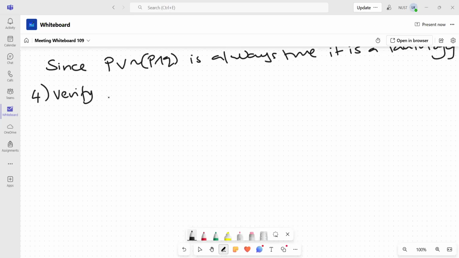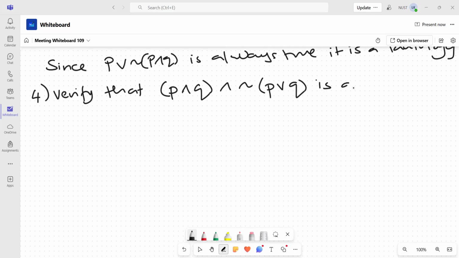Verify that P and Q and not P or Q is a contradiction. So again, to prove this, just draw the truth table.